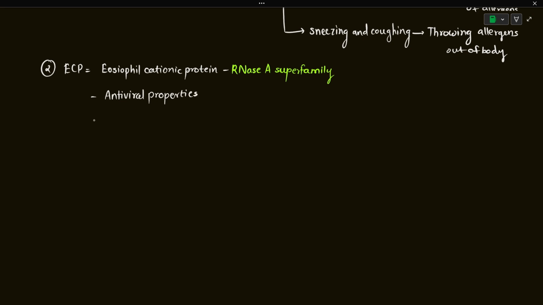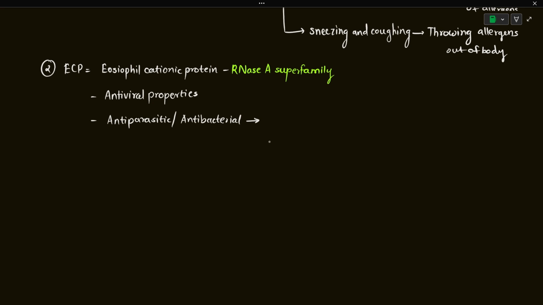And besides antiviral property, it also has antiparasitic and antibacterial properties. Because this RNase is not just going to cleave the RNA of the viruses, it also disrupts the membrane of parasites.